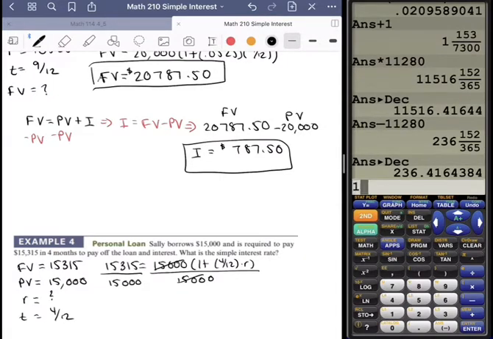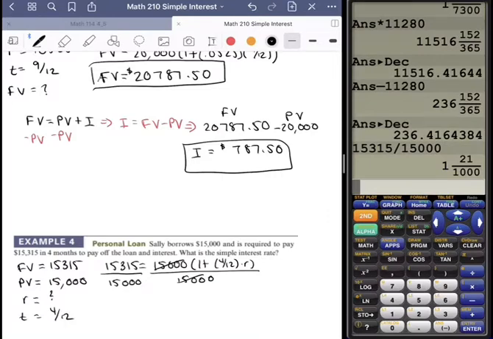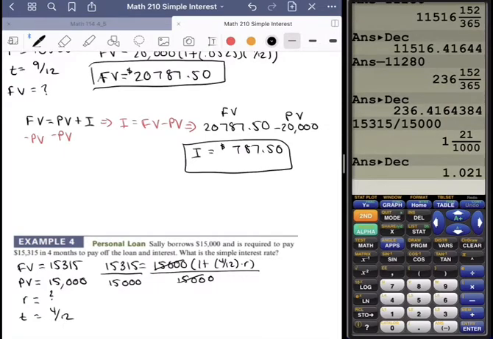So I have 15,315 divided by 15,000. I'm going to do that in decimal again. So we're at 1.021 is equal to 1 plus 4 out of 12 times r.